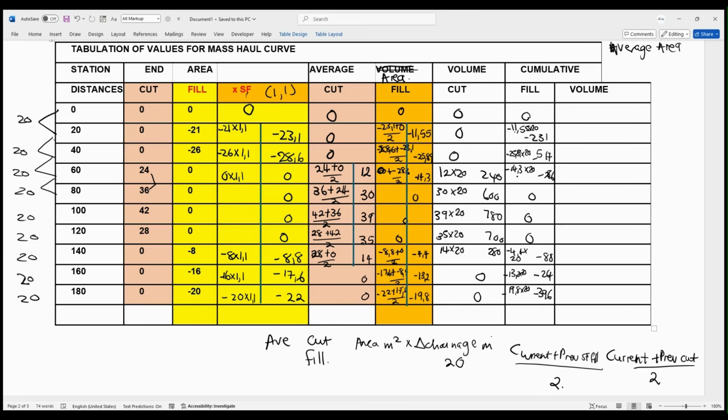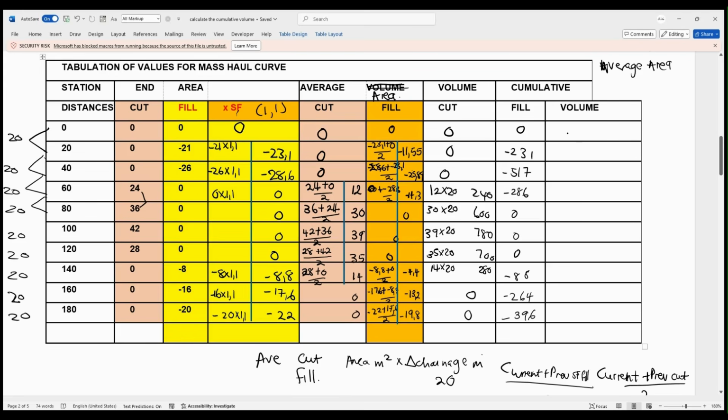Now you want to find the cumulative volume. For the first, it is 0. The second one cumulative is 0 plus minus 231, we get negative 231. The next one we say minus 231 plus minus 517, which equals negative 748.